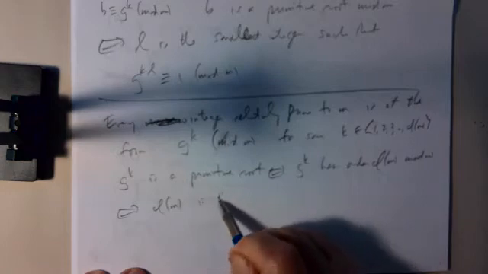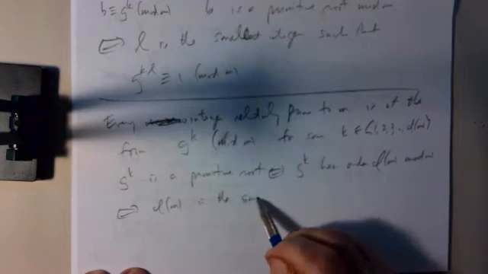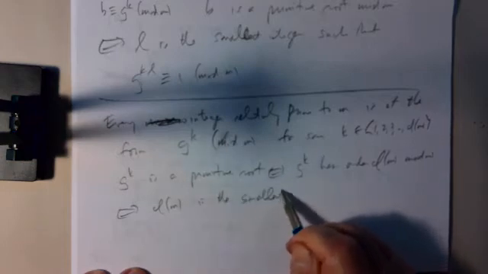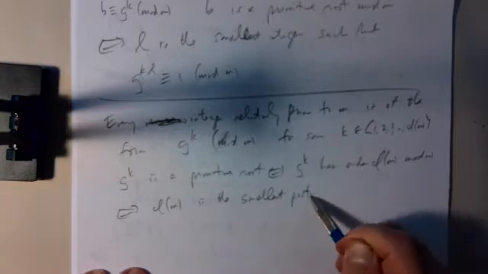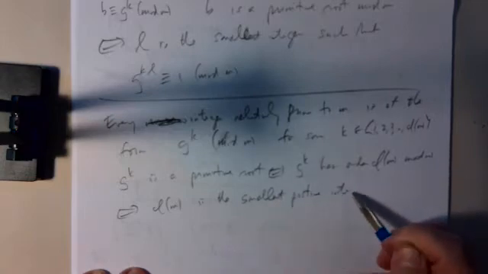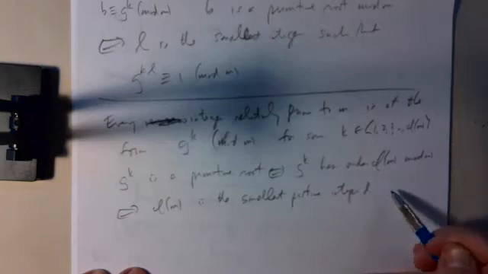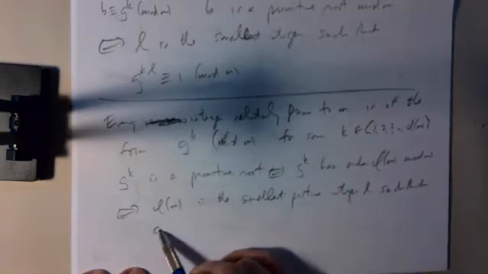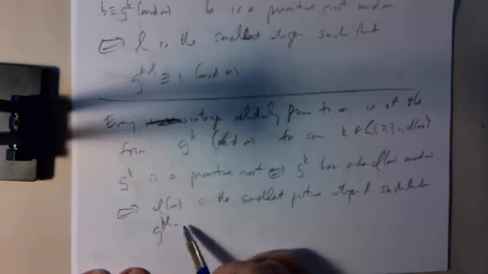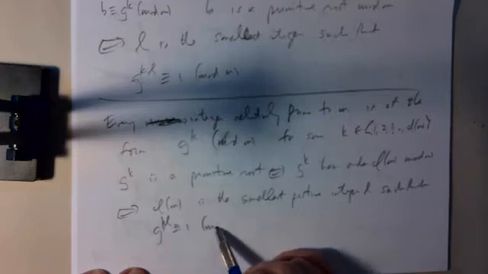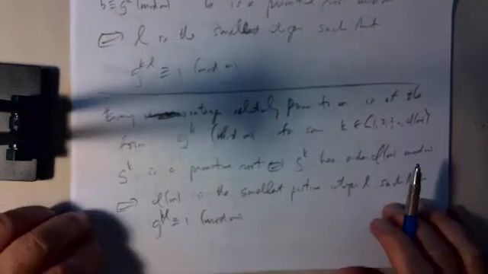So you don't have to look at numbers b, you just have to look at powers of g. So if and only if phi of m is the smallest positive integer L such that g to the k times L is congruent to 1 mod m.